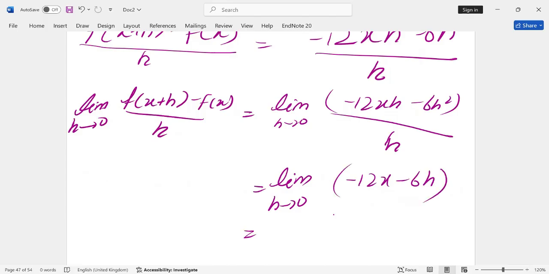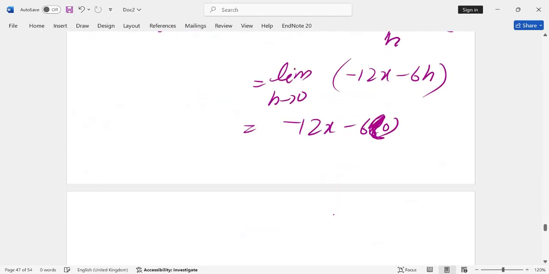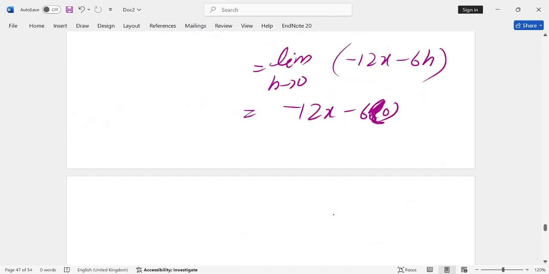So by putting the values, the function f prime of x equals minus 12x, okay? So this is the required answer for this question.